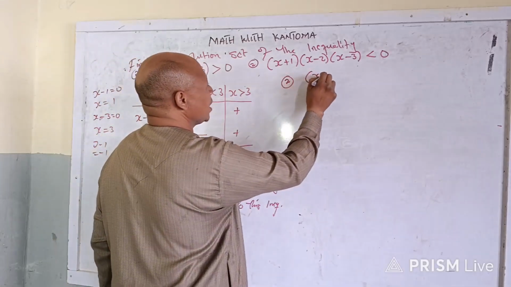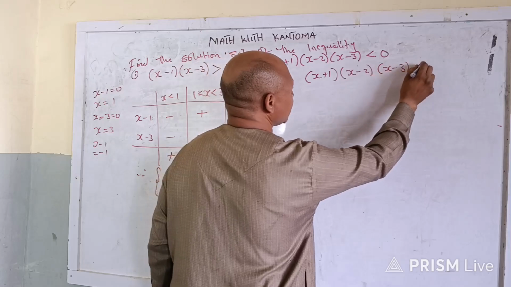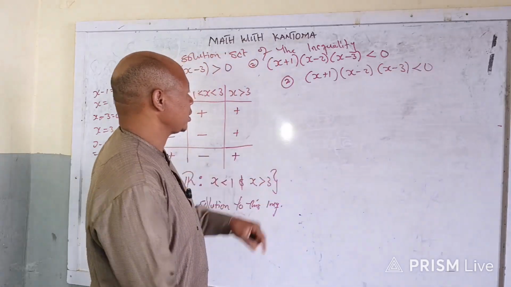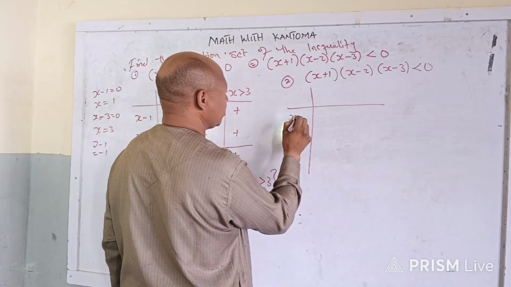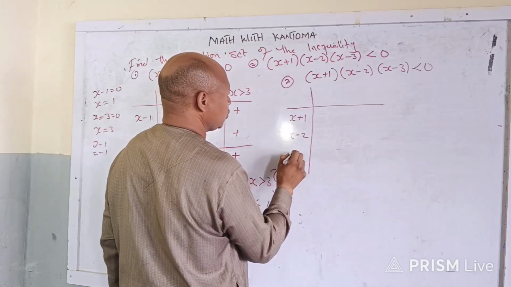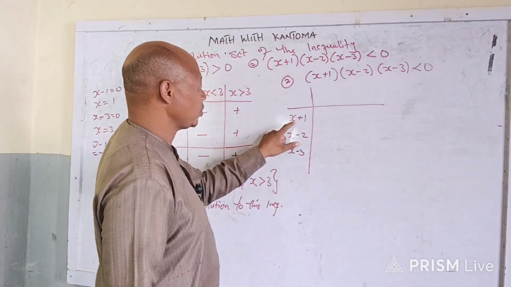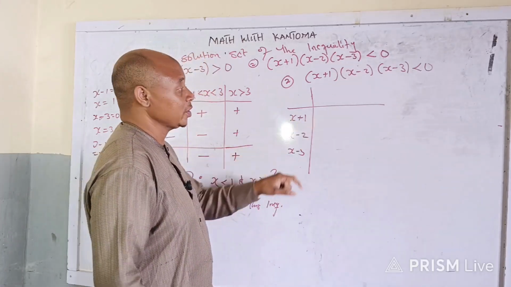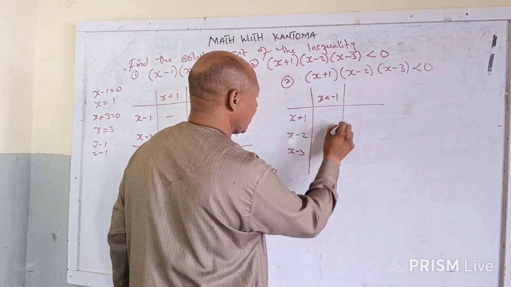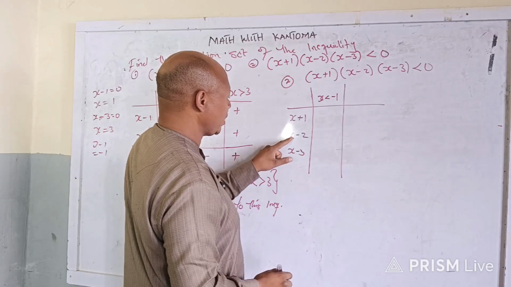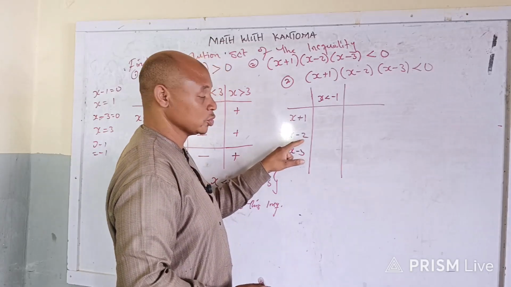The second one says x plus 1, x minus 2 and x minus 3 less than 0. So now the solution set to this inequality are this. We have x plus 1, we have x minus 2 and we have x minus 3. So now when x plus 1 is equal to 0, the value of x is equal to minus 1. So now we said x less than minus 1. That's the first inequality. When x minus 2 equals 0, x is equal to positive 2.